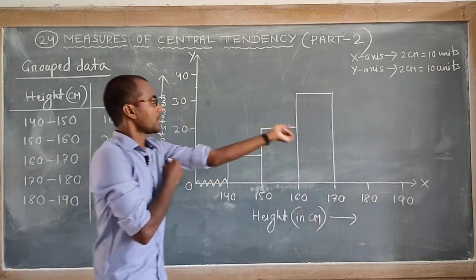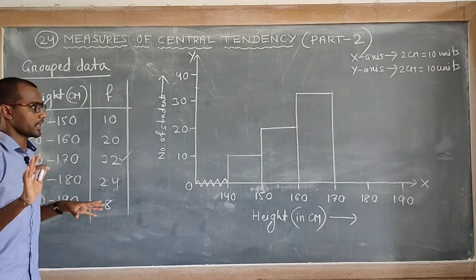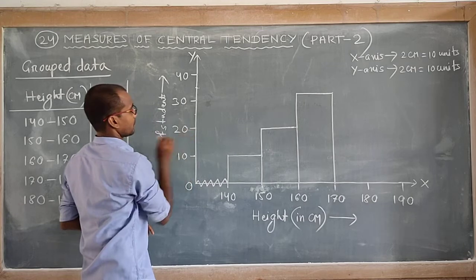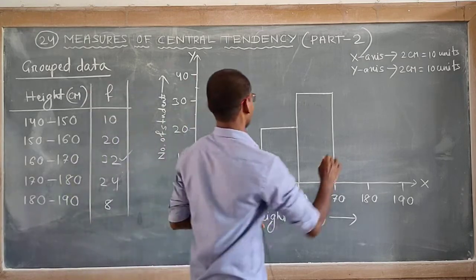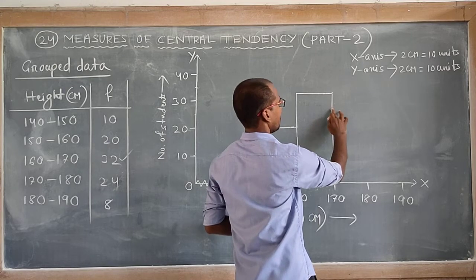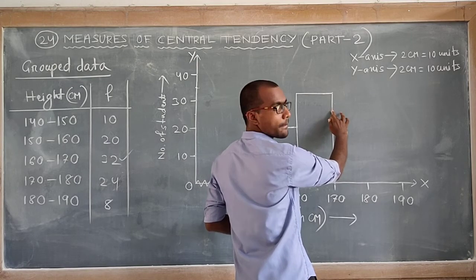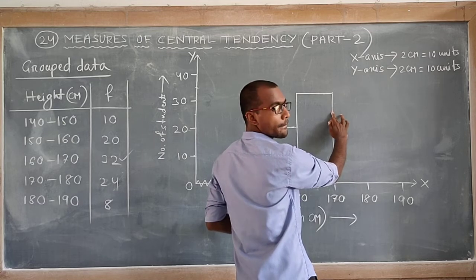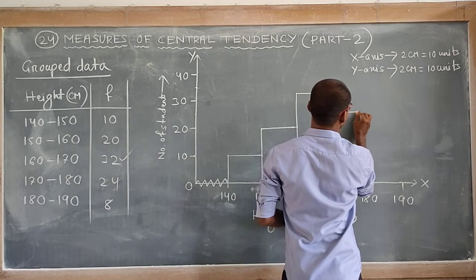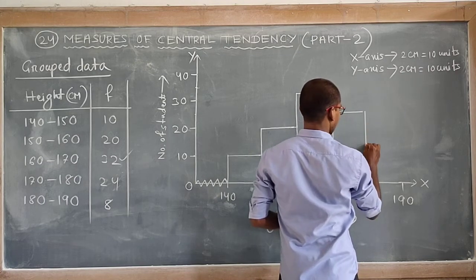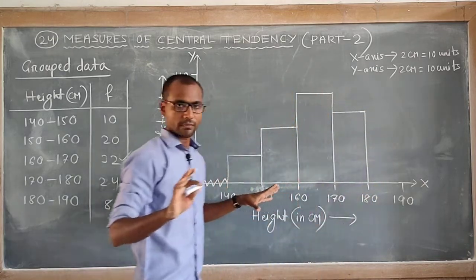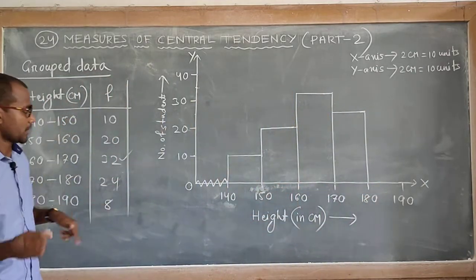Next is 24. This is 25. Just below it will be 24. Next is 8.